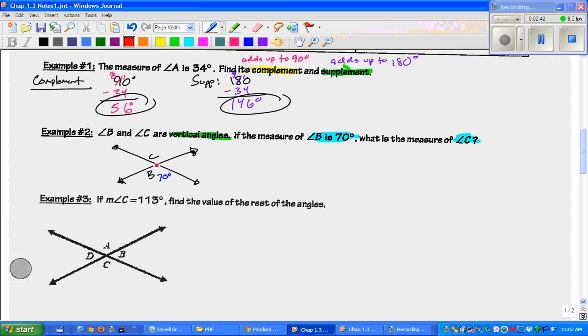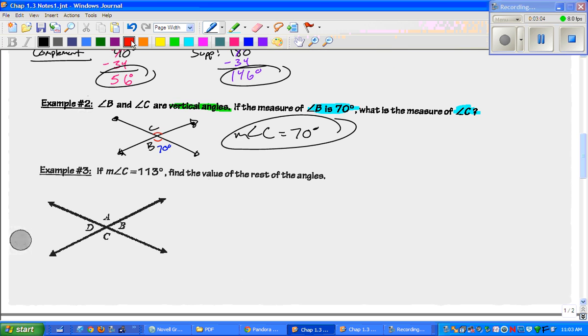Vertical angles are congruent. So that means the measure of angle C equals 70 degrees. Since they're vertical, they're the exact same.